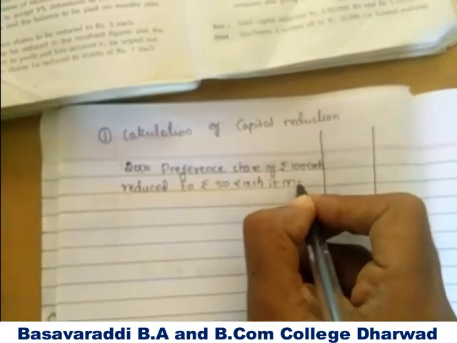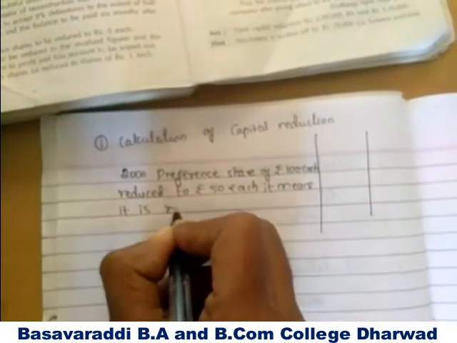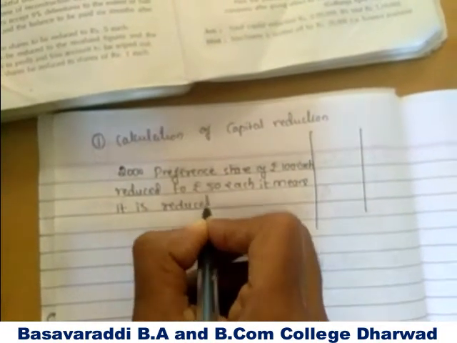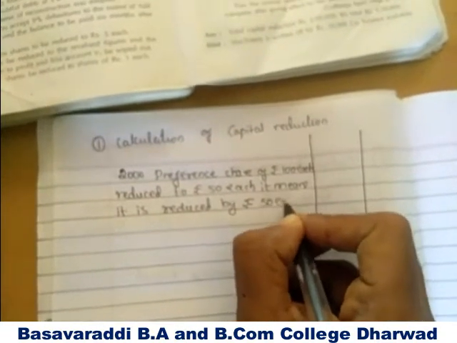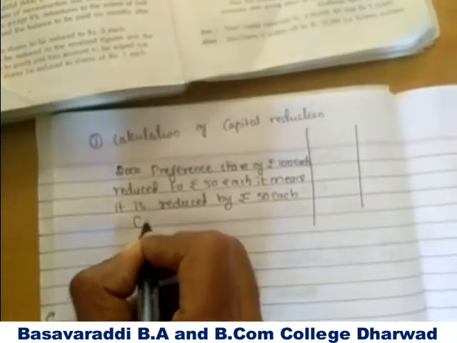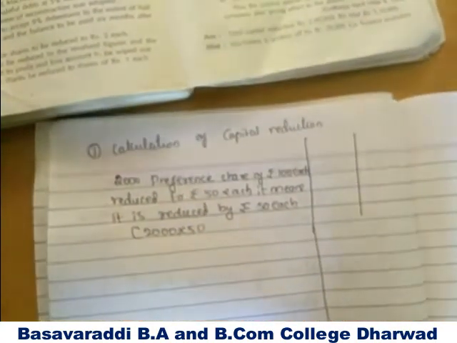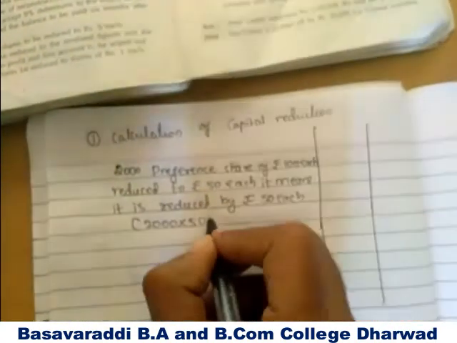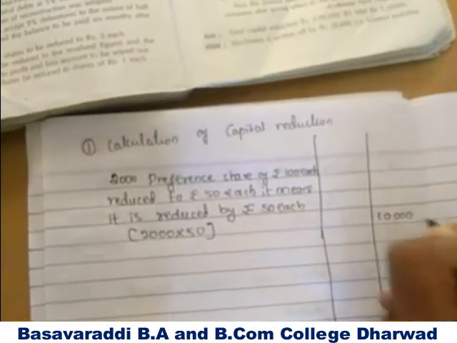It means it is reduced by rupees 50 each. 2000 into 50 is equal to how much? 1 lakh rupees.